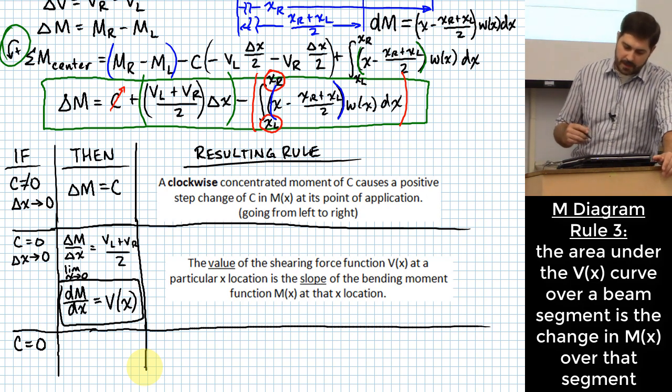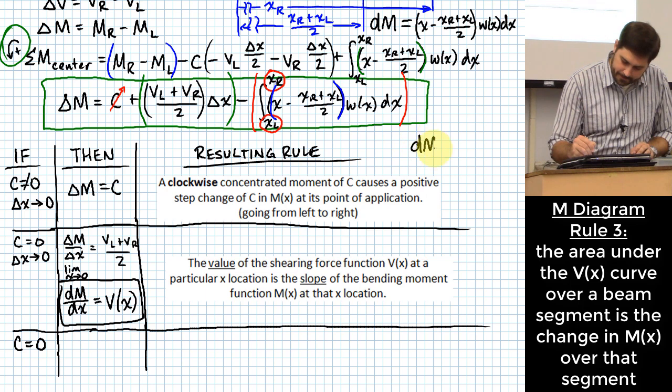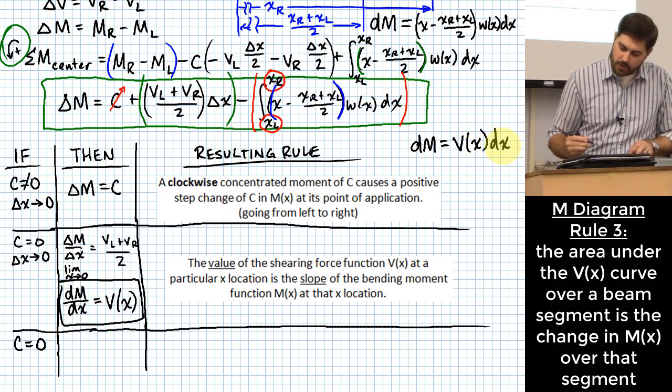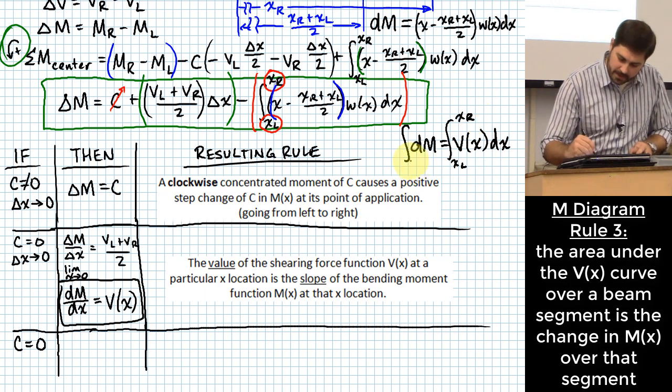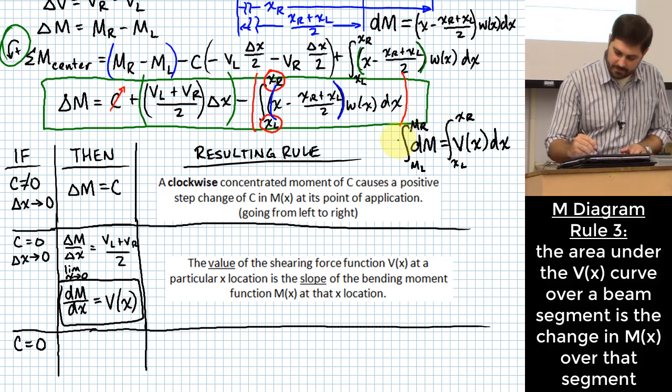In other words, I've now determined that dM is equal to V of x dx. Could I think about integrating this, right, from xL to xR? And I integrate this from ML to MR. What do I get on the left side?